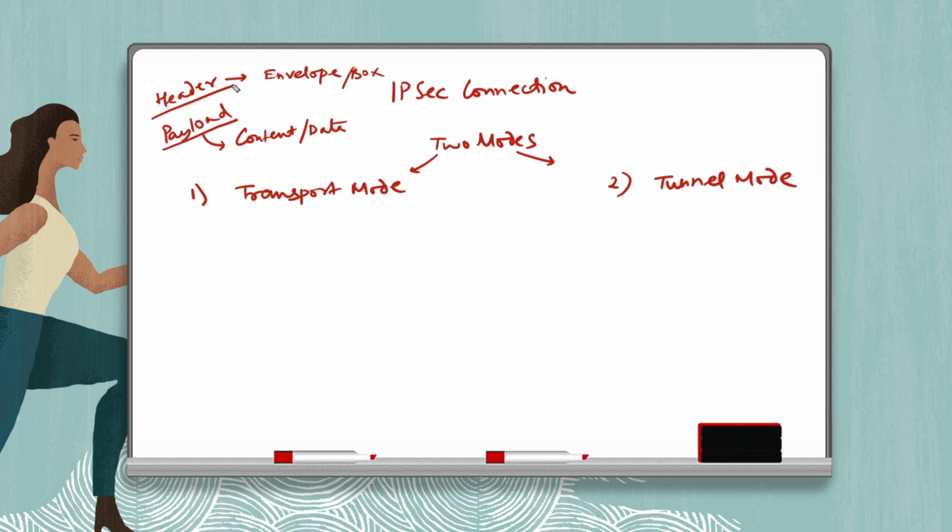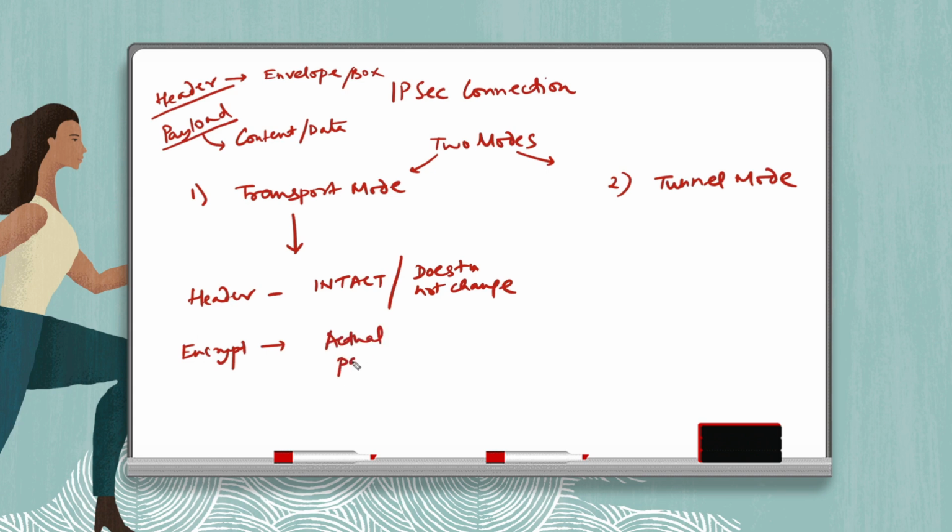If you understand this, you'll easily be able to understand transport mode. In transport mode, the header stays intact, and the IPsec protocol is going to encrypt only the actual payload. This is what happens in transport mode.